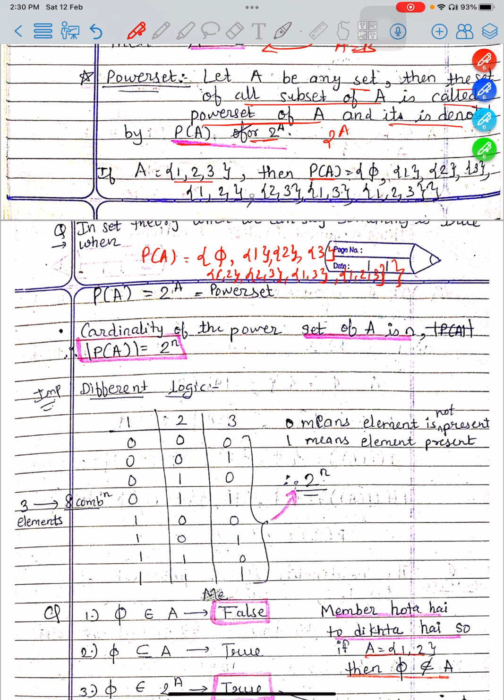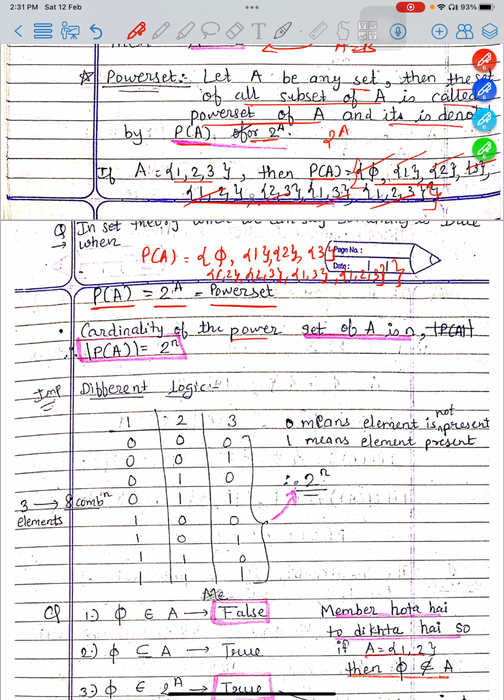The total elements in it are 1, 2, 3, 4, 5, 6, 7, 8. 8 elements. We'll see this number of elements thing later. Right now, you just see how it is represented. Power set is denoted by P of A or 2 raised to A.